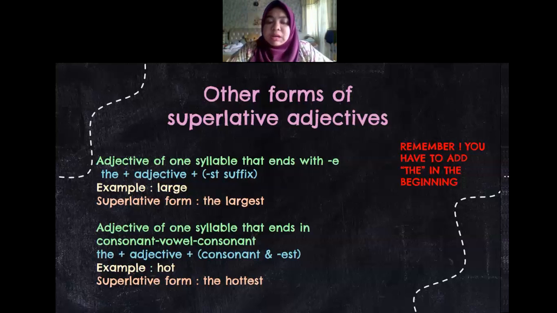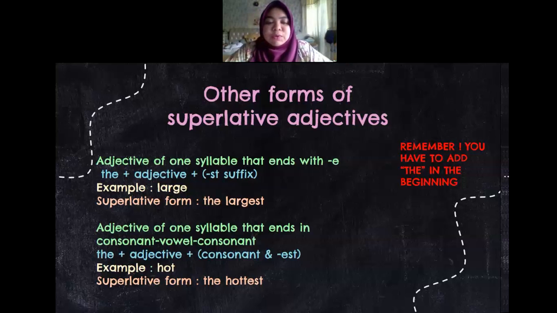For example, large. When you add the suffix "st", the word will become largest. And remember that you have to add "the" at the beginning, so it will become "the largest". So far, do you get what I mean here? Yes, teacher.